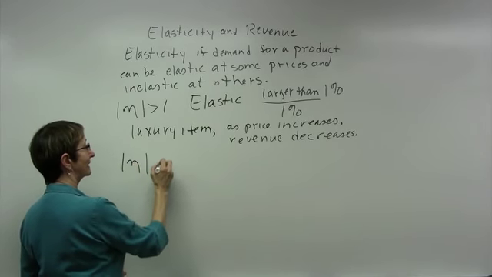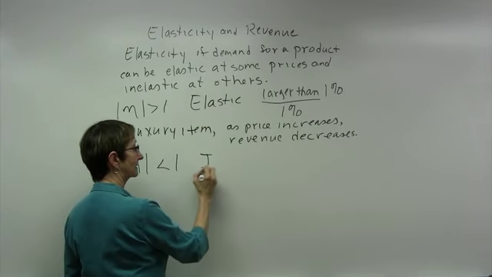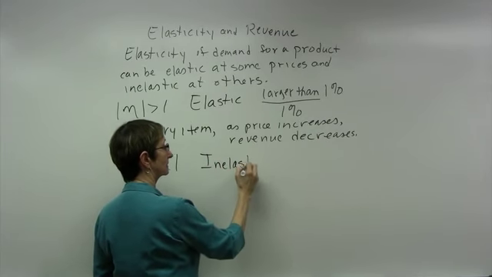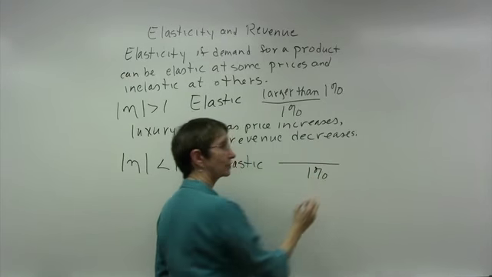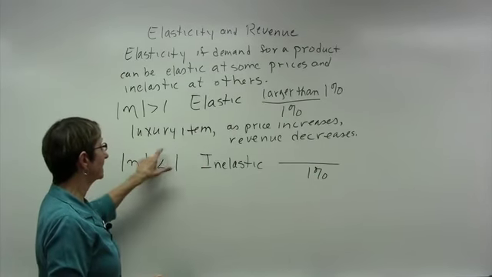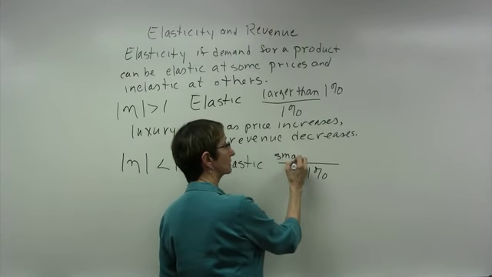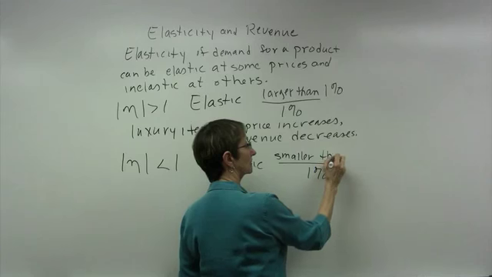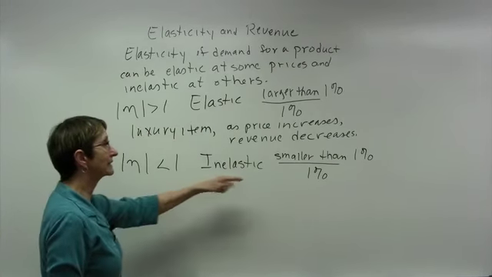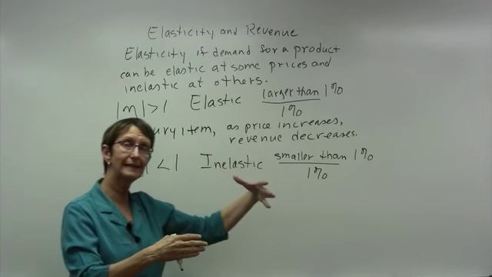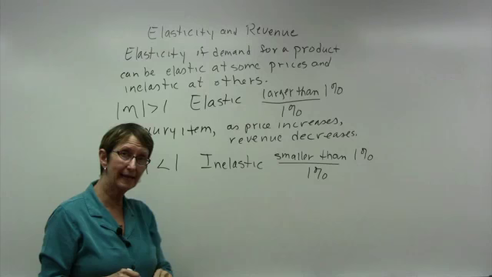If demand elasticity is less than 1, that is inelastic. So for our fraction, with a 1% increase in price in the denominator, for the fraction to be less than 1, the numerator has to be smaller than 1%. So this means that for a 1% increase in price, there's a less than 1% decrease in demand.